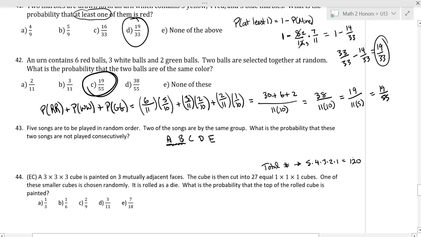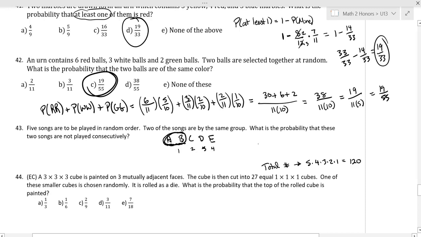Now, in that, let's say we don't want A, B anywhere. What we're going to do is glue A and B together and think of this as 4 different song groups. We're going to think of playing A first and playing B second as one.